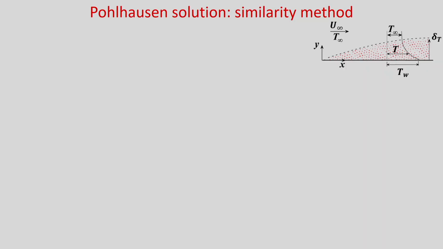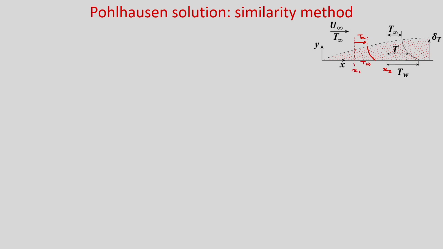So, you can see the temperature distribution at any location, let us say x 2, and another location x 1. It will have free stream temperature T infinity and T w. So, this is your T infinity, this is your T w and this is location x 1.